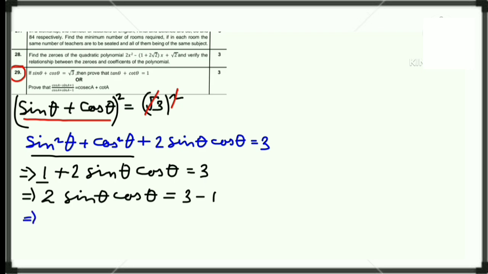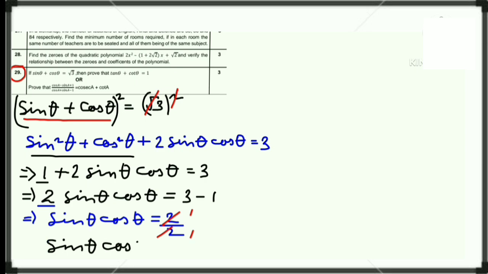Again, sin theta cos theta equal to 3 minus 1, 2, and this 2 also goes to RHS over here, and 2 ones are 2. In this way, here we have obtained sin theta cos theta is equal to 1.